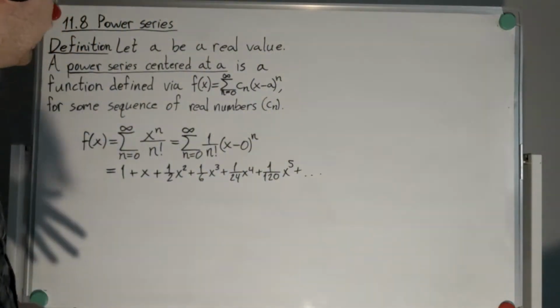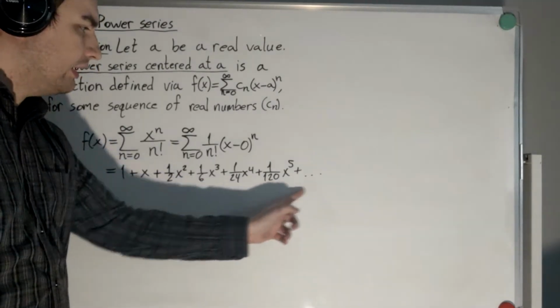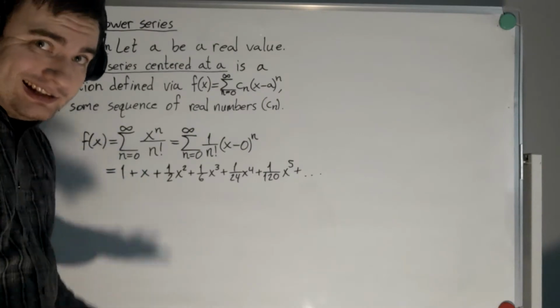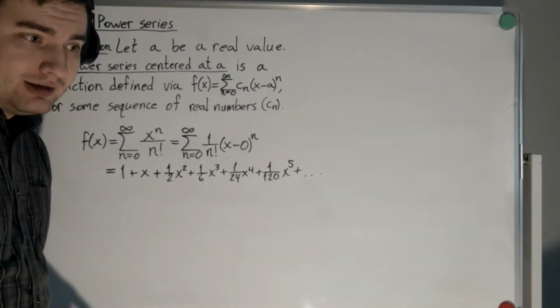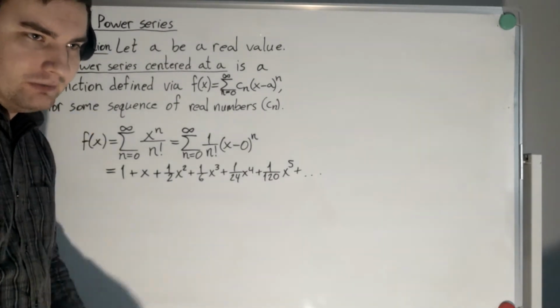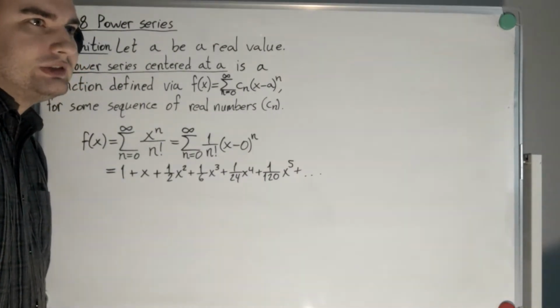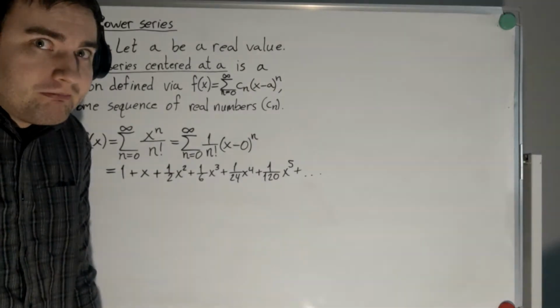Okay? All right, now, the main thing that we're going to be concerned with for power series is the following issue. This sum, this infinite series, what it is going to depend on what x is, right? First of all, if it converges, then the value that it converges to will depend on x, of course. But also, depending on what x is, maybe it doesn't converge at all.